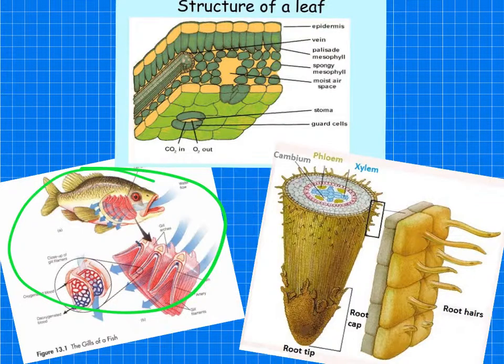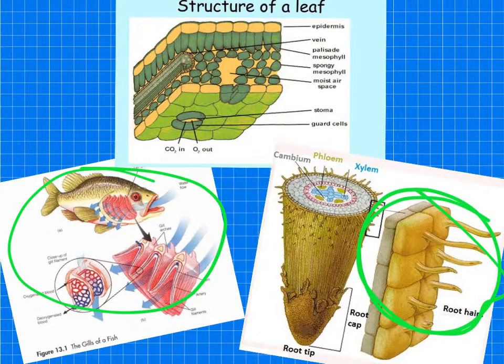And also you have to be aware that exchange occurs in the roots. Root hair cells have a massive surface area, and they're very thin membranes as well, and again exchange through the stomata of the leaf, and also diffusion is aided by air gaps in the spongy mesophyll.